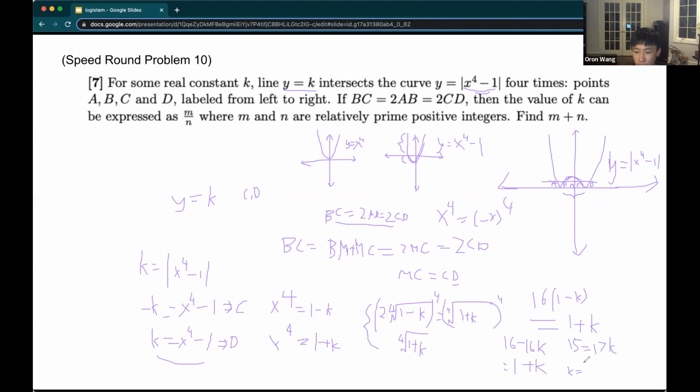K equals 15 over 17. And these are relatively prime. So we get 15 plus 17 equals 32, which is the answer. Any questions?